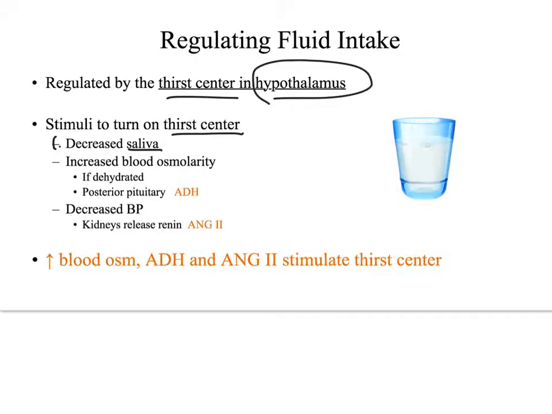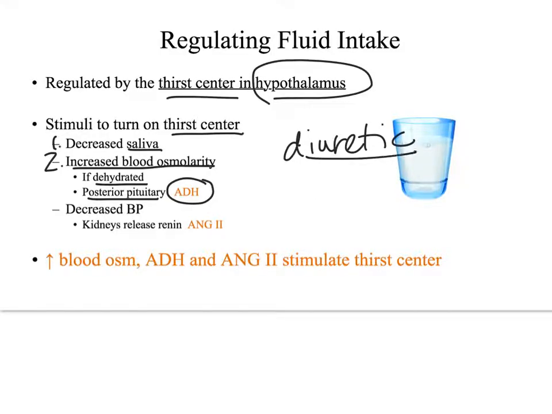Okay, now, if our blood osmolarity goes up, so if you become dehydrated, the blood osmolarity goes up, your posterior pituitary is going to be stimulated, and we're going to release antidiuretic hormone. Antidiuretic, so think about it. What does a diuretic do? A diuretic makes you pee, makes you urinate.